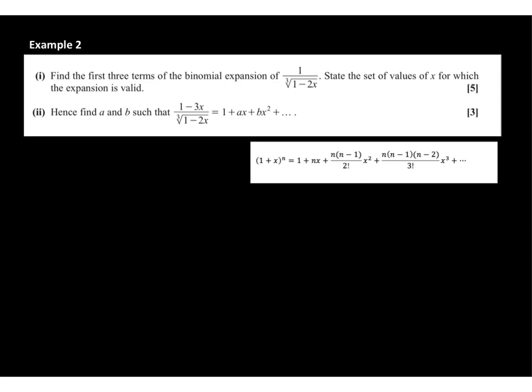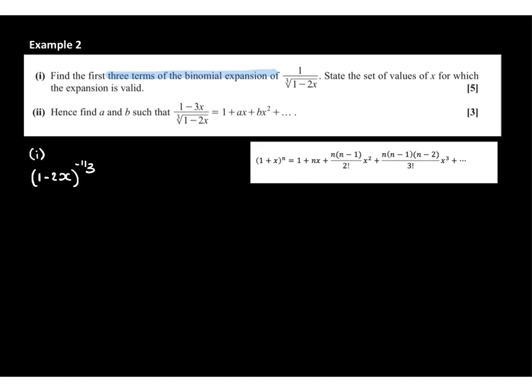Example 2. So part 1, we need to find the first 3 terms of the binomial expansion of this result over here. So first thing we're going to do is rewrite this as (1 minus 2x) to the power of negative a third. So we can see we have everything set up ready.